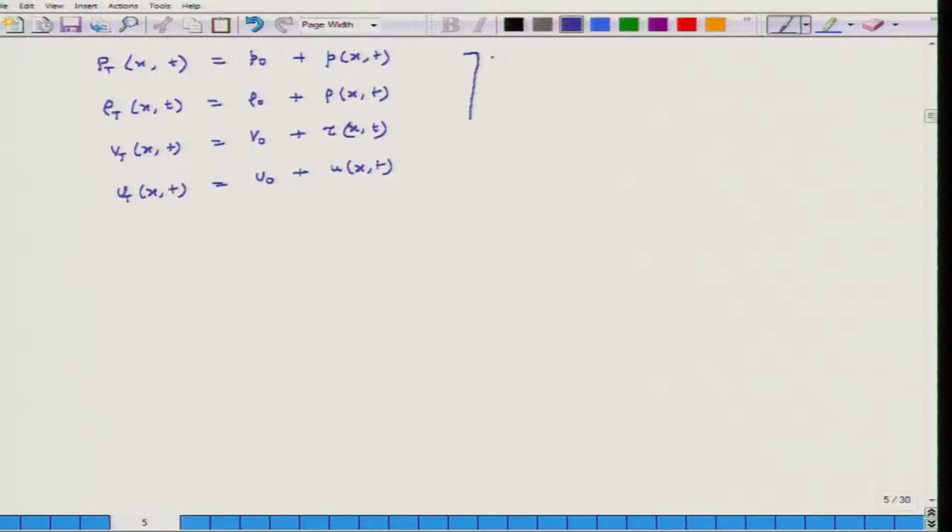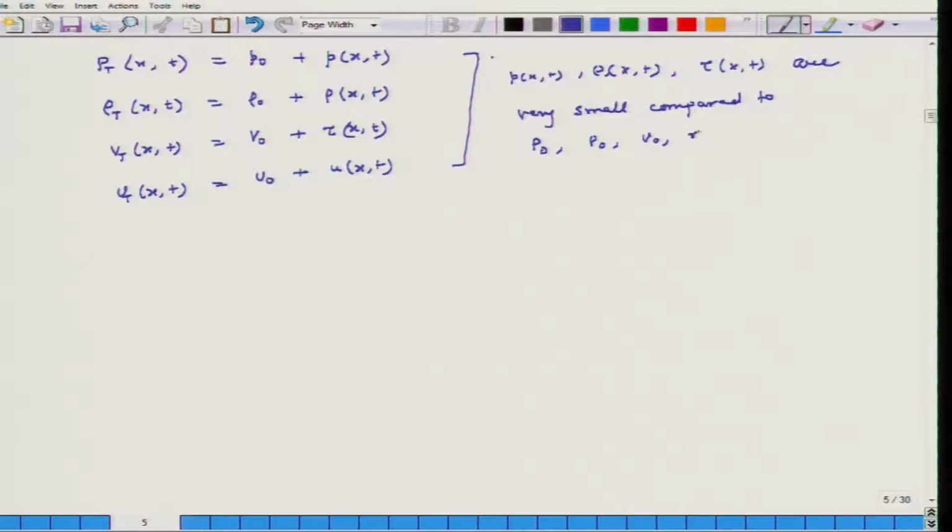So in all these four cases, p(x,t), rho(x,t), and tau(x,t) are very small compared to p naught, rho naught, and V naught respectively.